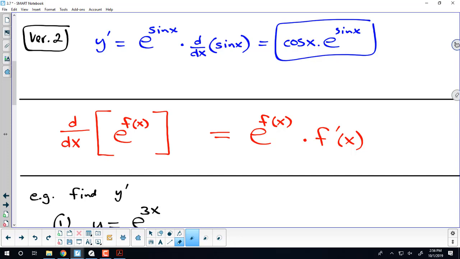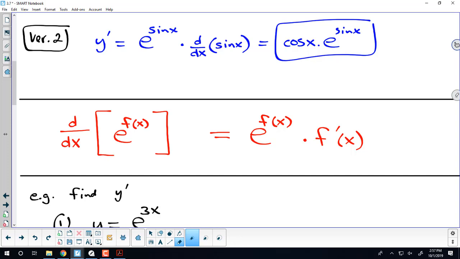Because for x squared, we would say, well, the inside function is x, the outside function is the squaring function, right? So if you said let u equal x, then you have the function u squared. That derivative is 2u. The derivative of x is equal to 1, and you multiply these two things together, 2u times 1 is 2u, and since u was x, we get 2x.